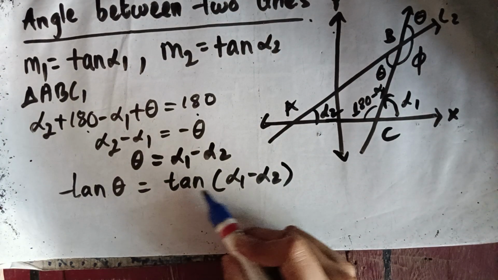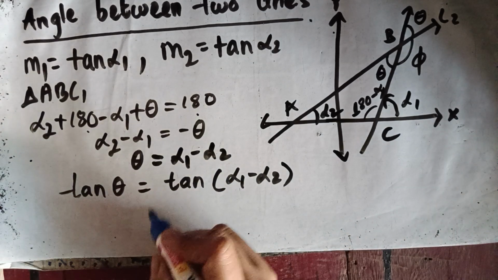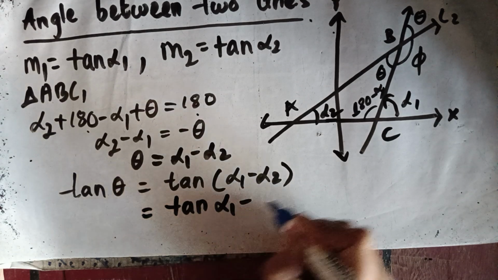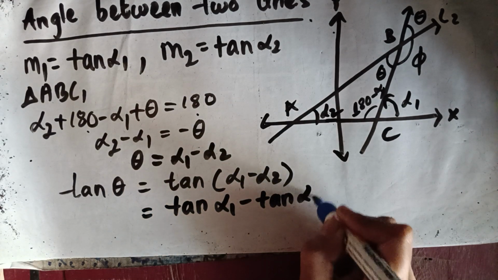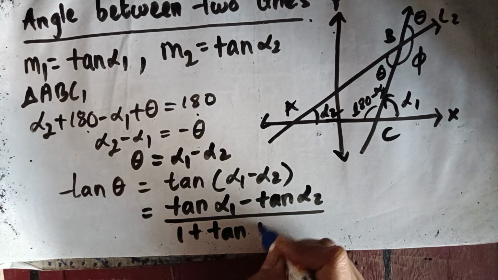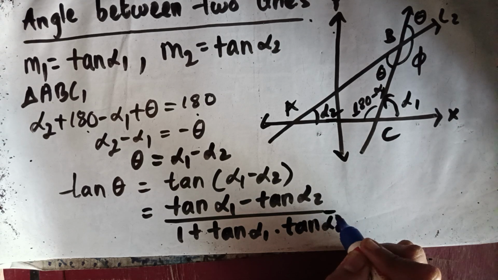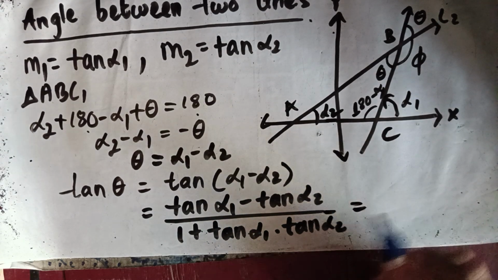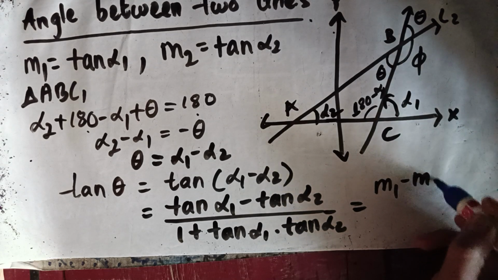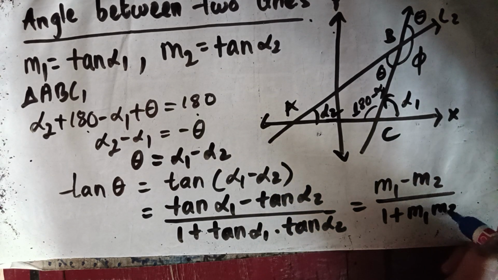Here you have to make use of the formula tan(A minus B), so tan A minus tan B upon 1 plus tan A into tan B. So we have tan alpha 1 is m1, so m1 minus m2 upon 1 plus m1 into m2.